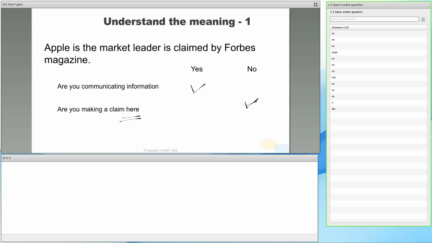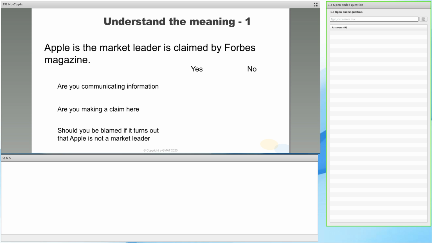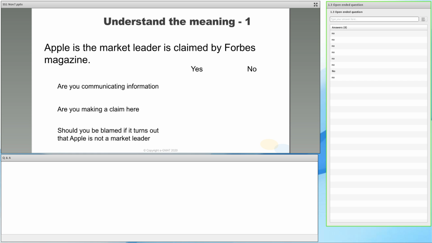Which means, should you be blamed if it turns out that Apple is not the market leader? No, you shouldn't be blamed over here. So you are communicating information, but you're not making the claim. Forbes is, and you shouldn't be blamed if Apple doesn't turn out to be the market leader, right?